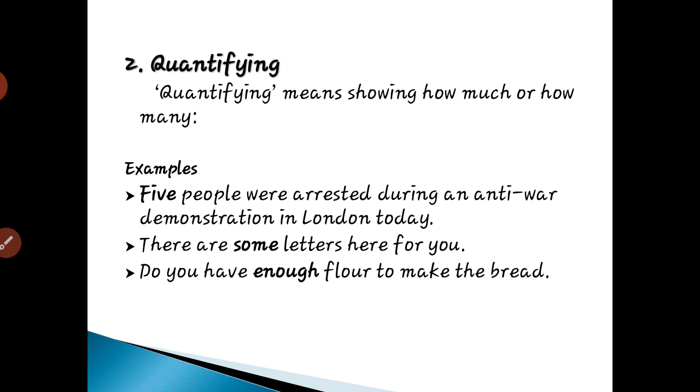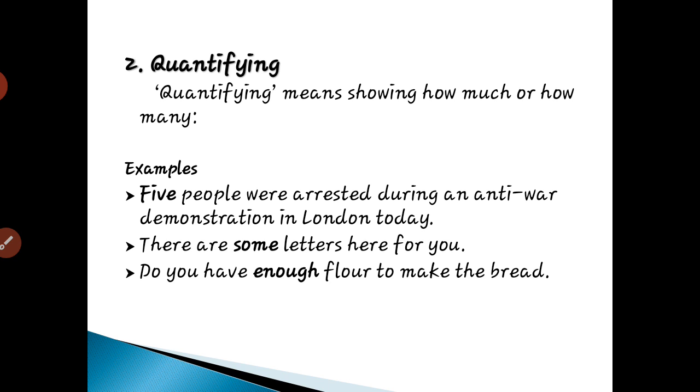As the word suggests, it is related to quantity, where these determiners give us information about the noun, how many people there are, or how much of that thing there is. So it is all about the quantity.